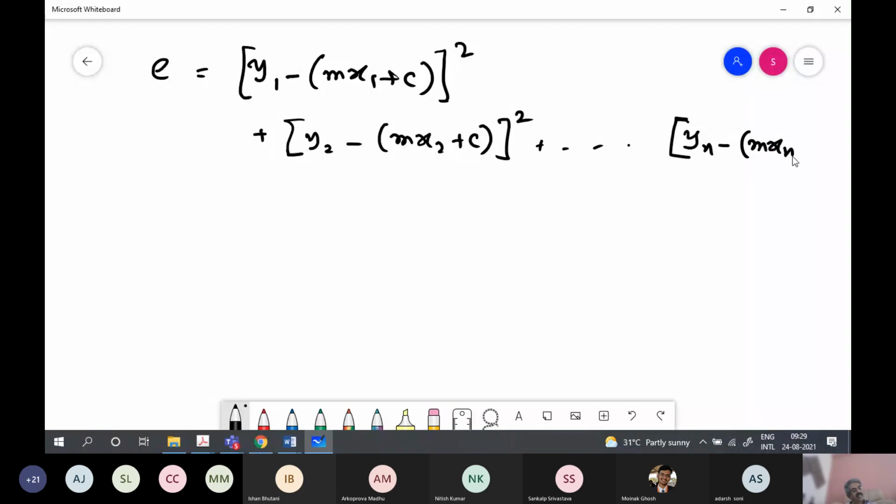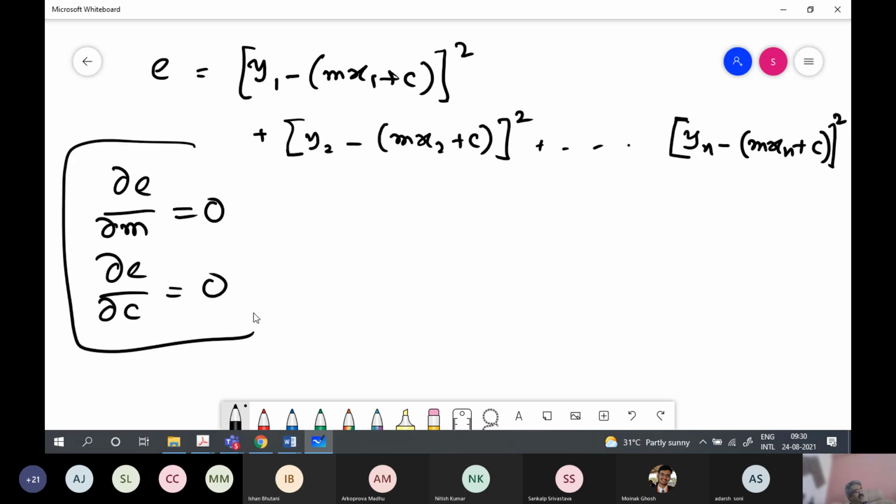If m and c were the slope and intercept of the line, then the sum of the squares of errors at each of the points would have been this. Now we have to differentiate this with respect to m, del E del m, and set it equal to 0, and then do del E del c and set it equal to 0. This is all. We will do it with respect to m.